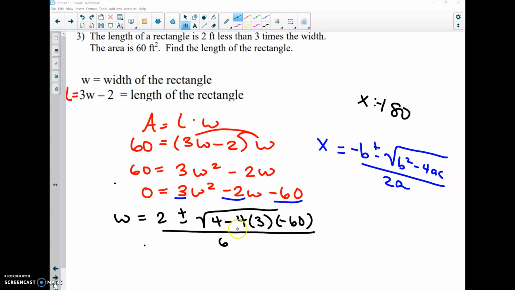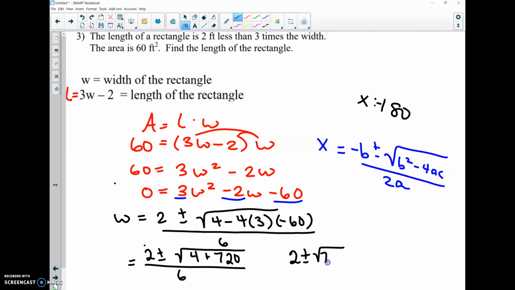Multiplying this out here, you get 4 plus 720, so 2 plus or minus the square root of 724 all over 6. The 6 came from 2 times 3.